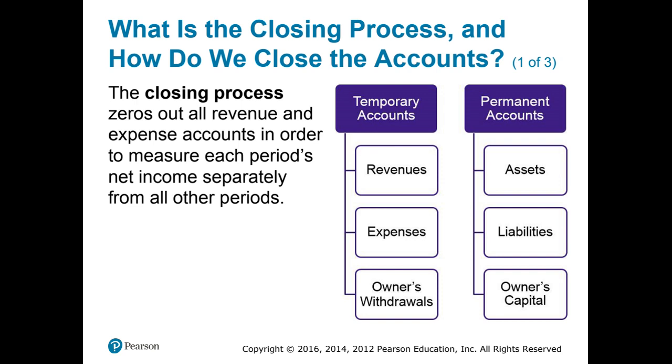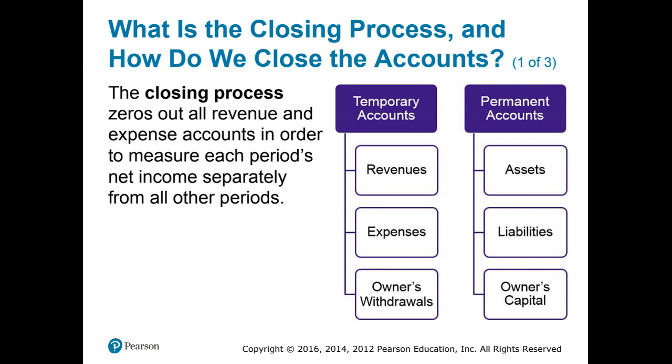As an intermediate step, the revenues and the expenses may be transferred first to an account called the income summary. The income summary account summarizes the net income or net loss for the period by collecting the sum of all expenses as a debit, and the sum of all the revenues as a credit.